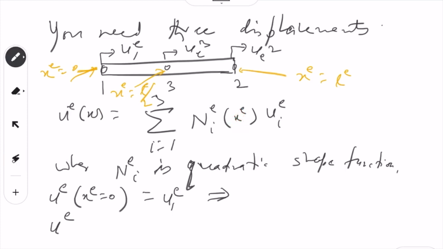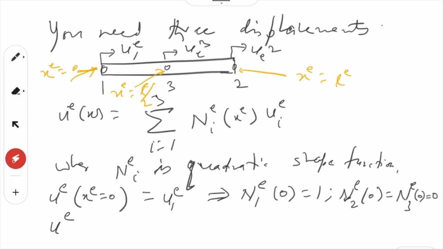That tells you that n1 e at 0 is equal to 1, n2 e at 0 equal to 0, and n3 e at 0 equal to 0.